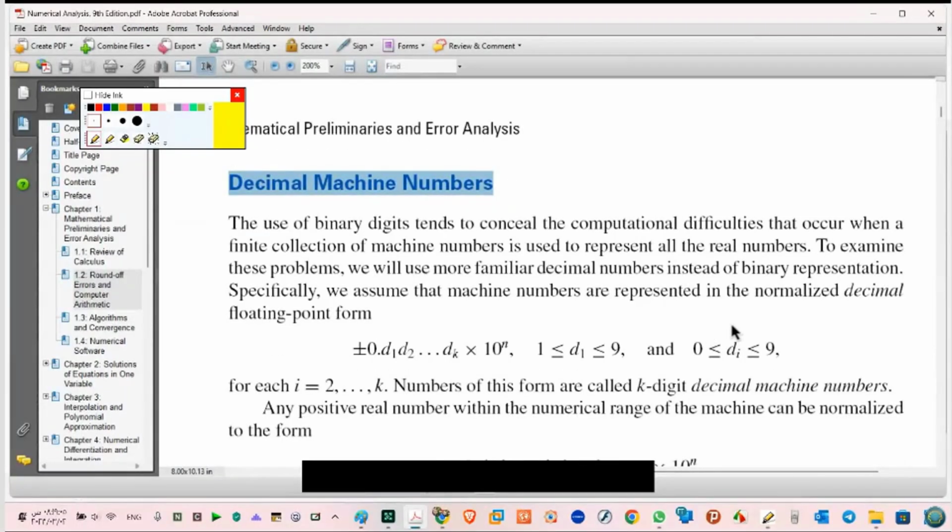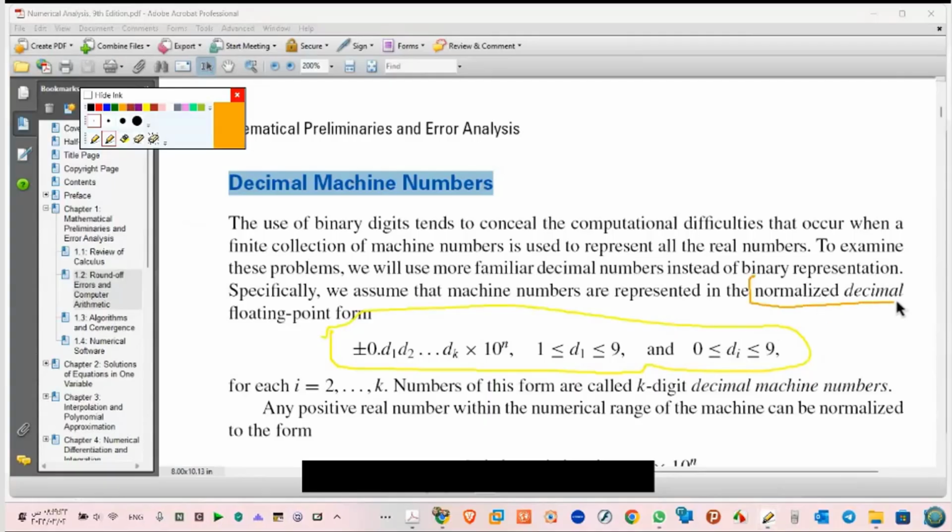Decimal machine number is a number that we are using inside our computer. This is the form of decimal machine number, or I will use this name, normalized decimal floating point form.